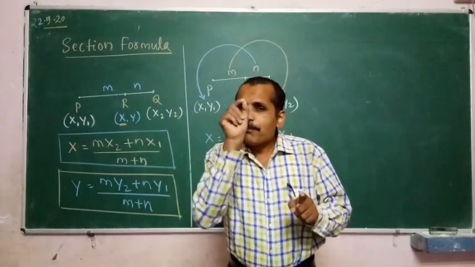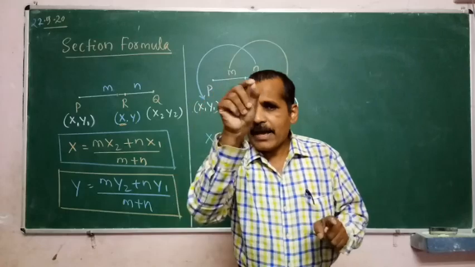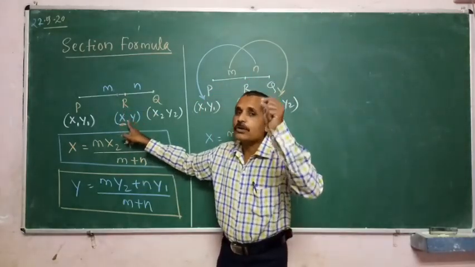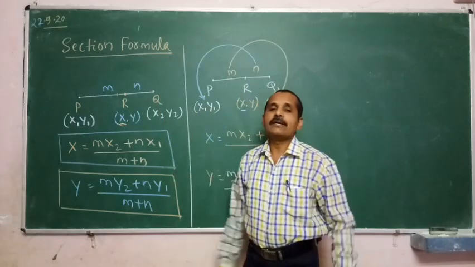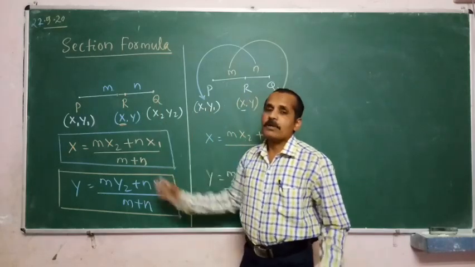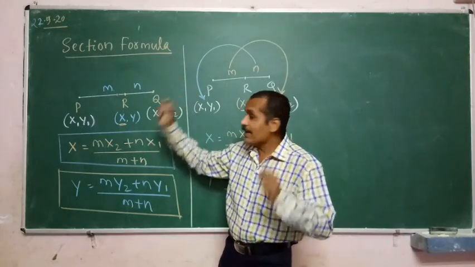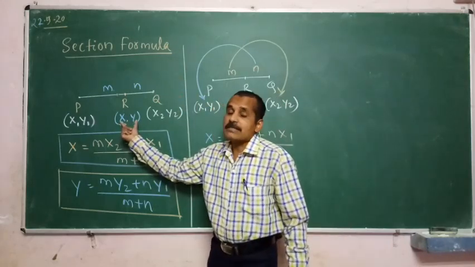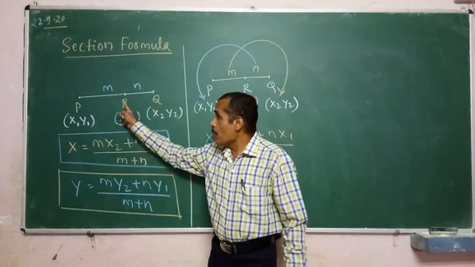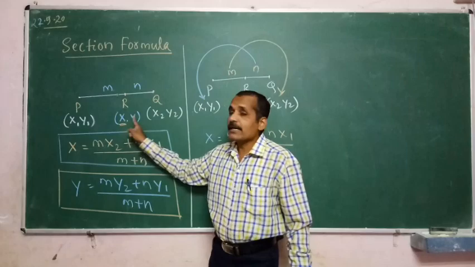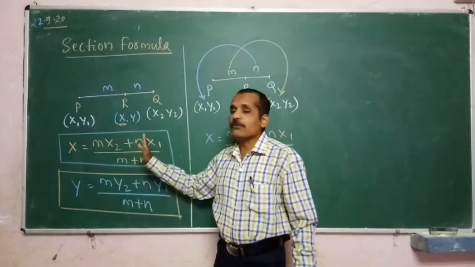But the point which divides the line segment, compulsorily you have to give xy only. Then only our problem will be right, because this entire section formula is generated keeping in view this xy only. This point which divides the line segment should always be taken as xy. Then only this formula will be correct.